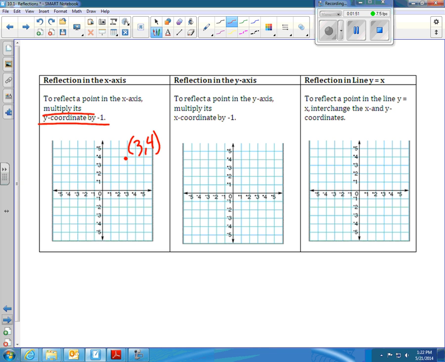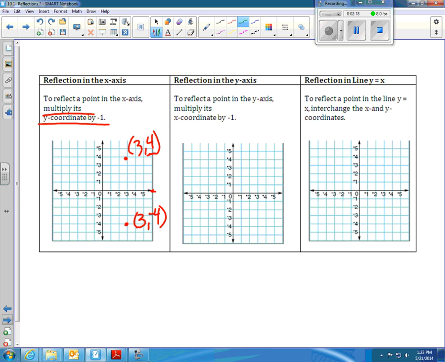That's my original coordinate. Now we're going to reflect it over the x-axis. So we're going to multiply the y-coordinate by -1. My y-coordinate is 4, so I'm going to have a new ordered pair of (3, -4). If I graph that one, (3, -4), that's down here, and that is reflected over the x-axis, which is this one here.